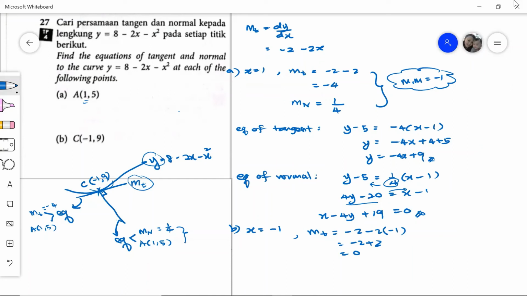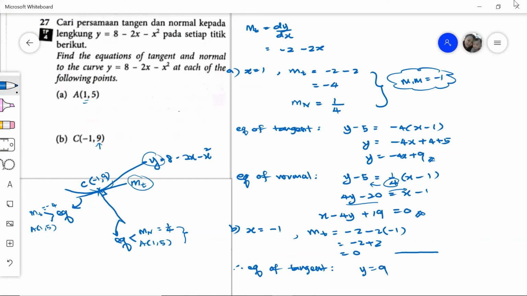Now when the gradient is 0, we know that it is a horizontal line. If it is a horizontal line, the equation of the tangent will be y equals the y coordinate. The y coordinate is 9. So y equals 9. All right.